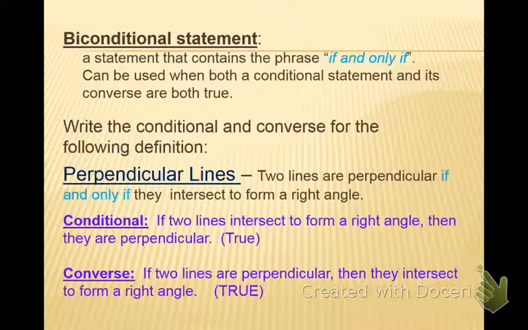If two lines are perpendicular, then they intersect to form a right angle. And that's true as well. Okay, since both of those are true, we create that biconditional statement. All right? Any major issues with that?